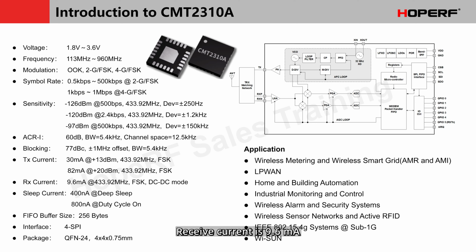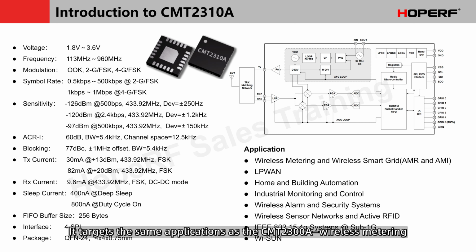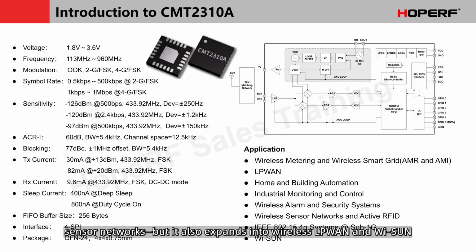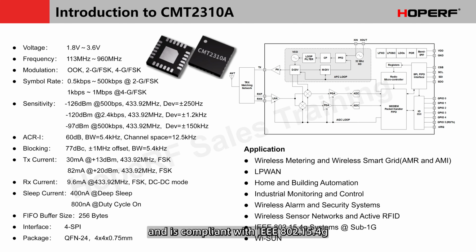Receive current is 9.6 mA, and sleep current is just 400 nanoampere, 0.4 microampere. It targets the same applications as the CMT2300, wireless metering, smart home, industrial remote controls, security systems, sensor networks, but it also expands into wireless, low-power, wide-area network and Wi-Fi, and is compliant with IEEE 802.15.4g.